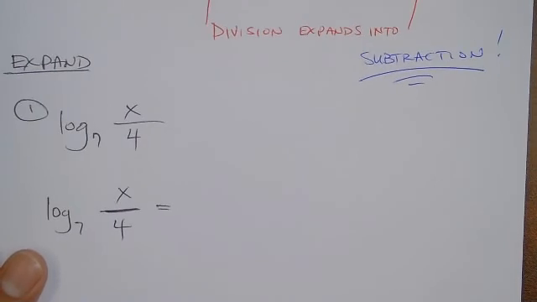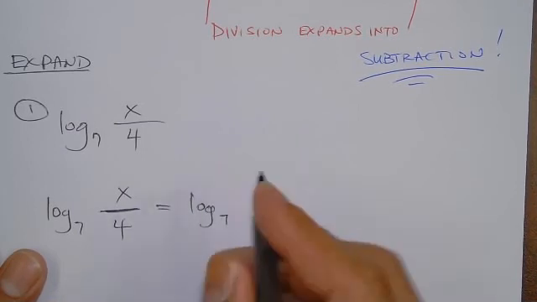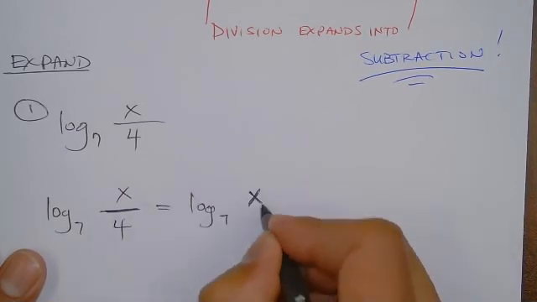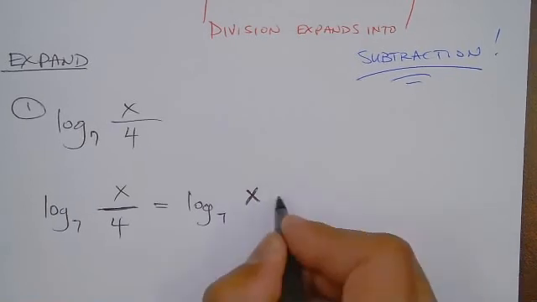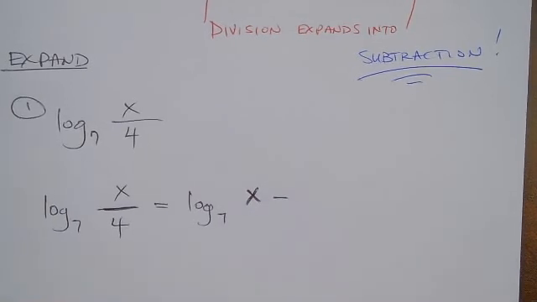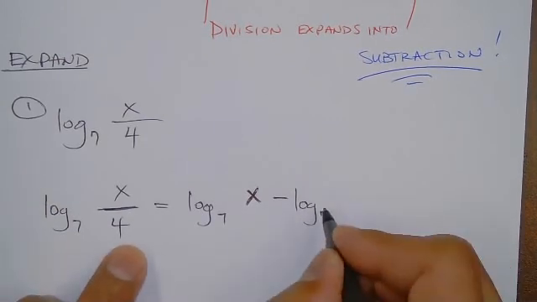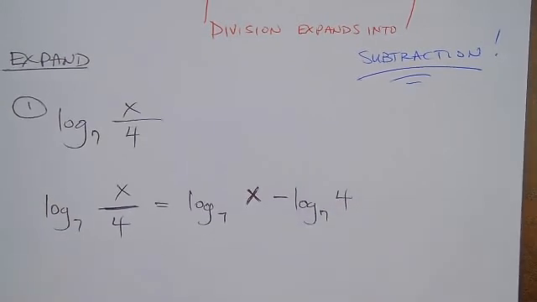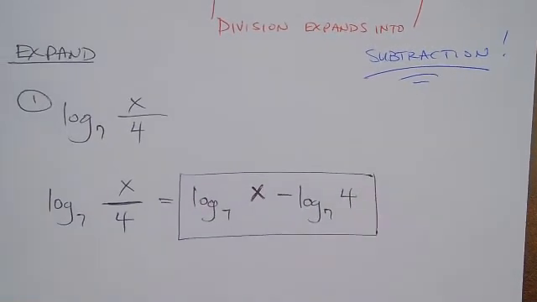Well, log base 7 of x divided by 4, what is that going to mean? Well, log base 7 of the top one, the numerator, divided by? No. What does it mean? Subtract. Take away what? Log base 7 of the 4 here, right? The bottom one. That's all you're doing.